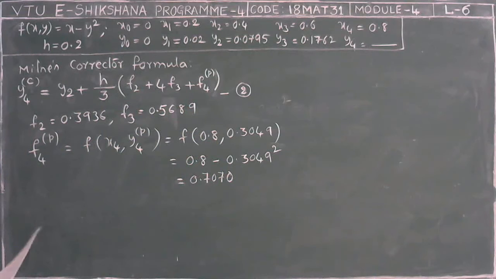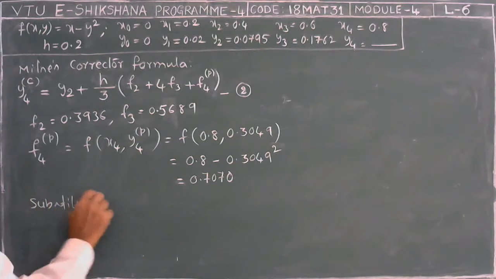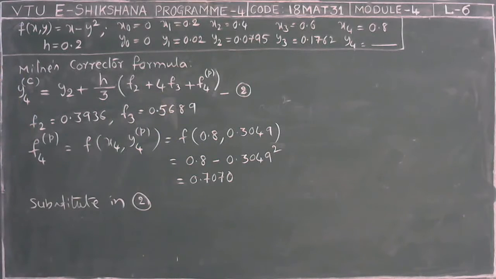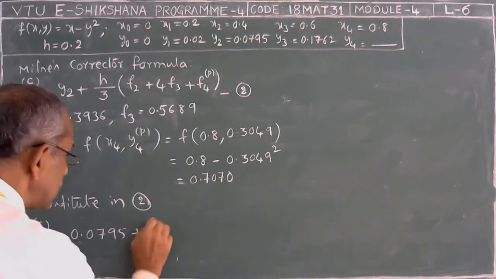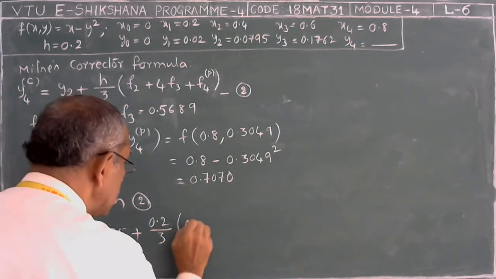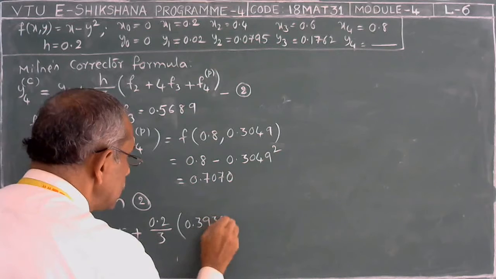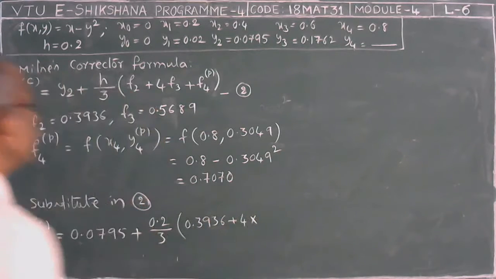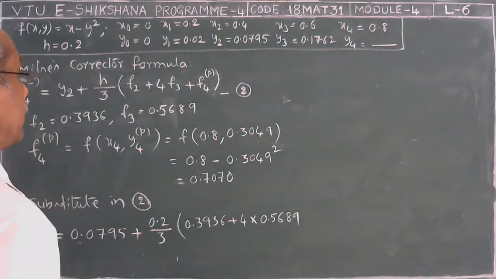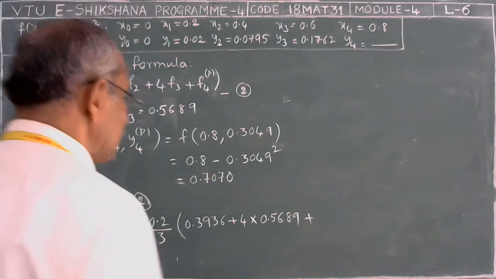Now substitute in this relation to obtain y4c. So y4c is equal to y2, which is 0.0795, plus h by 3, h is 0.2 divided by 3, into f2, which is 0.3936, plus 4 into f3, f3 is 0.5689, then plus f4p, f4p is 0.7070.